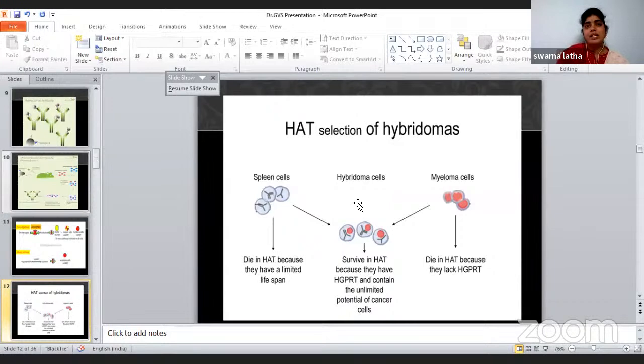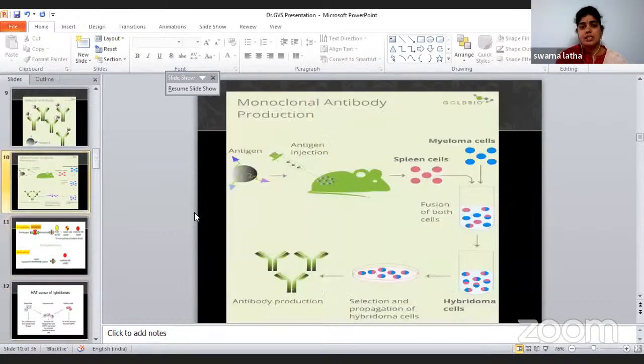Here there may be different types of clones, and then we need to do serial dilution, so that finally we will get a single clone of B cell which can generate antibodies of monoclonal type. That means what we have immunized the mouse with, we can see here. This is the entire monoclonal antibody production.